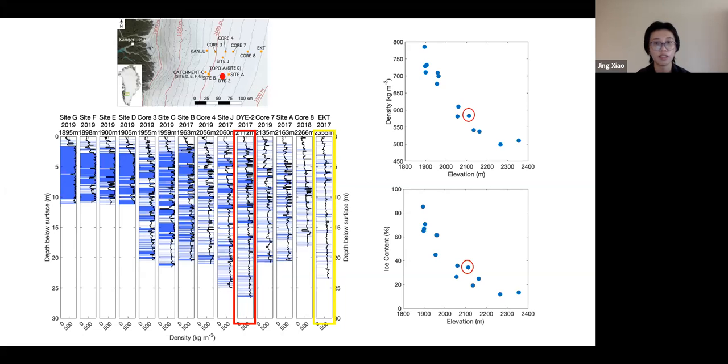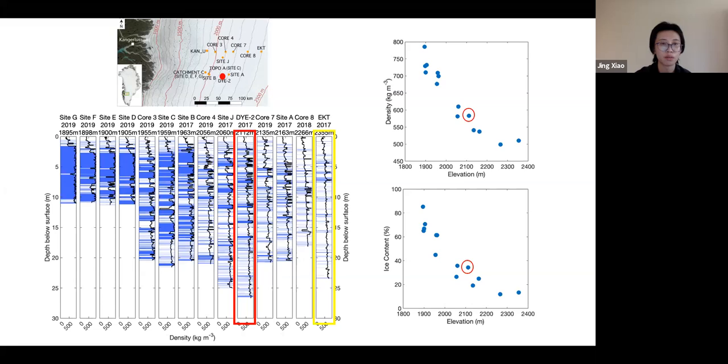Compared to the bottom part, the top part of EKT has a little bit more ice content, but not much more. This site has also not been strongly impacted by those extreme melt events, because even in those high melt years, there was not much melt there.